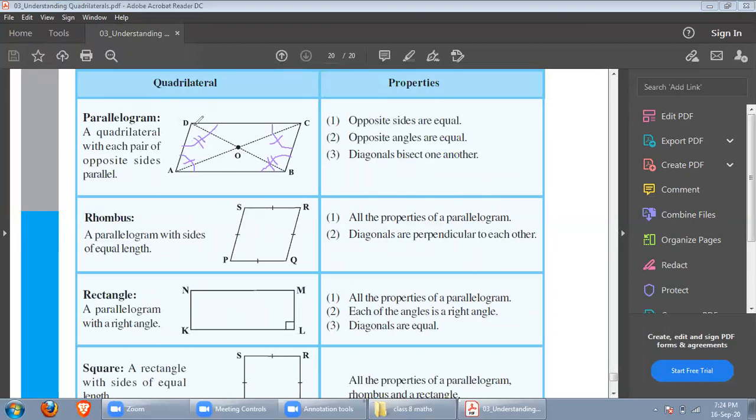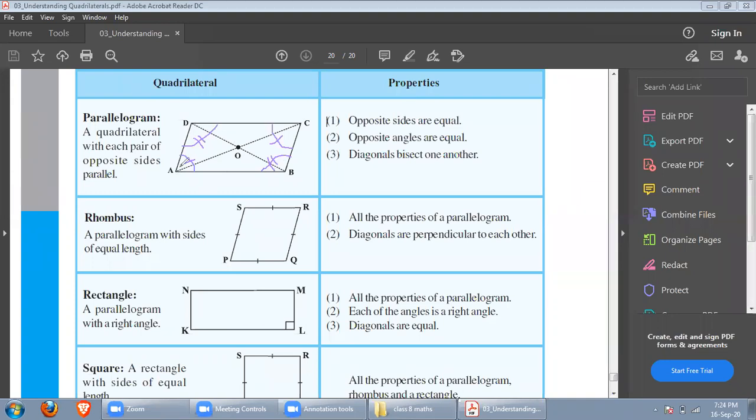Because AB and CD are parallel. And DA is a transversal between two parallel lines.